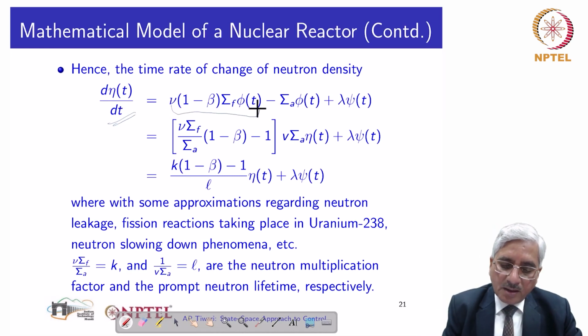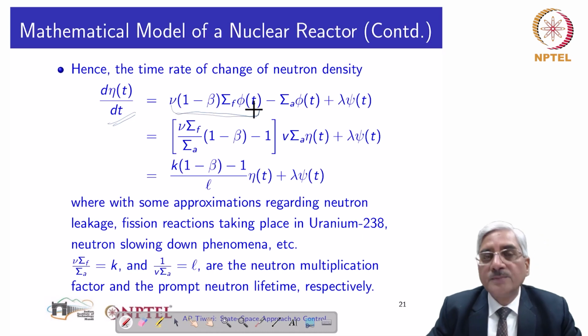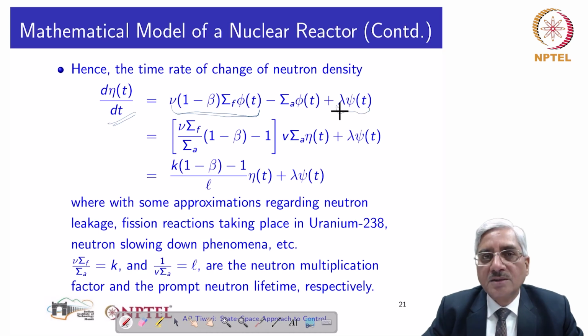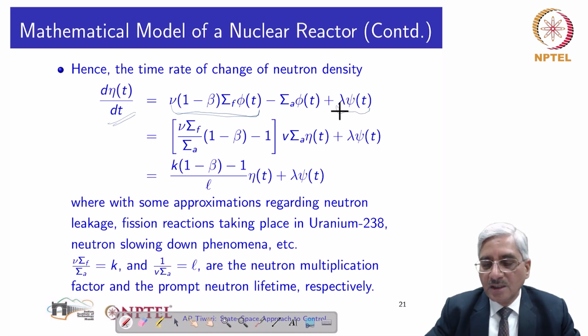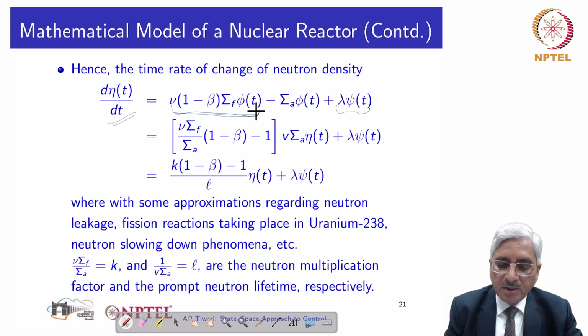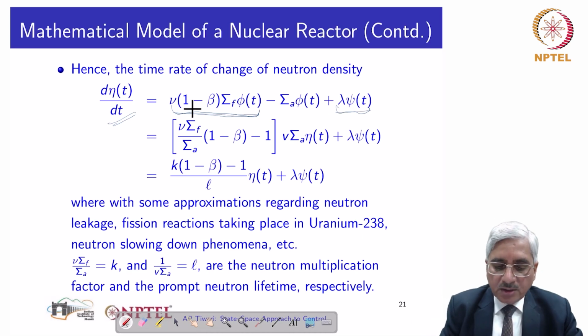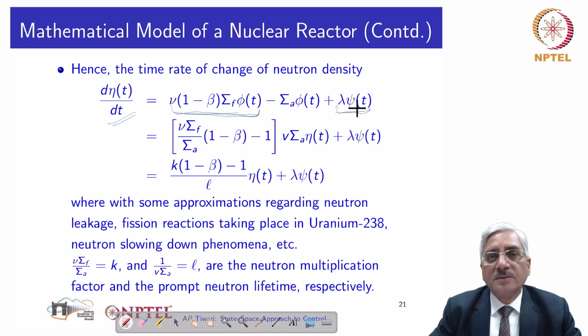This is the rate of production of prompt neutrons. They come immediately, and this is the rate of production of delayed neutrons. So at any time, two streams of neutrons are there. One is prompt neutrons, the other is delayed neutrons. So this is the number of prompt neutrons, this is the number of delayed neutrons. So this is the total production rate, this plus this.